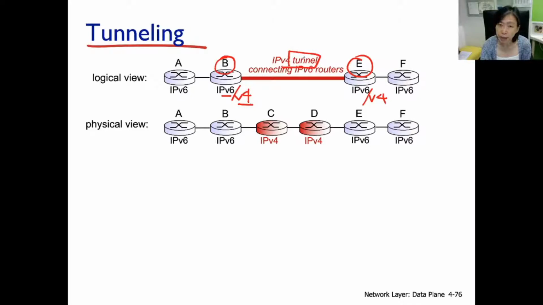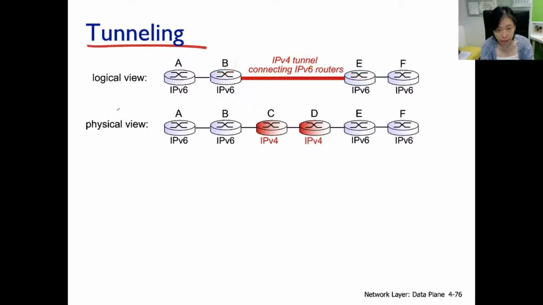By setting up the tunnel, B now records E's version 4 IP address, and E here records B's version 4 IP address. So essentially the two ends exchange the IPv4 address. Usually this is done offline by the network admins.